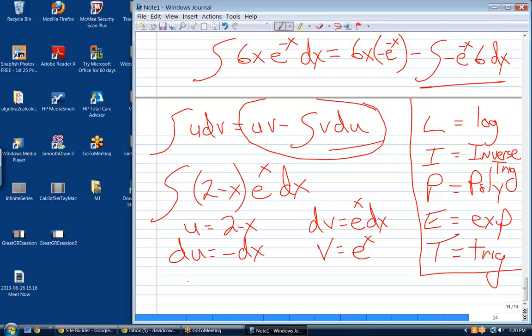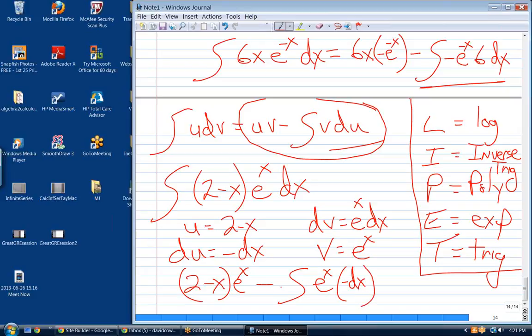What's u times v? 2 minus x times e to the x, minus the integral of v du, which would be e to the x times minus dx.